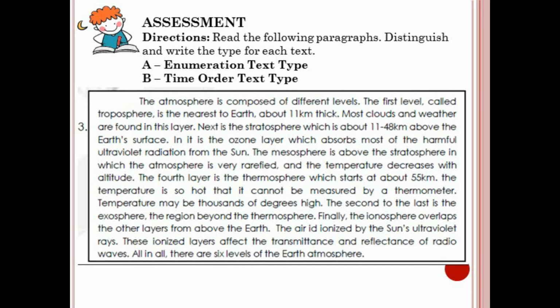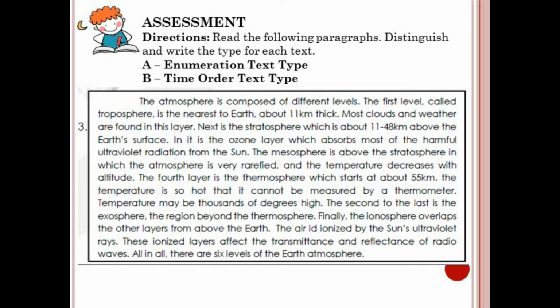The temperature is so hot that it cannot be measured by a thermometer. Temperature may be thousands of degrees high. The second to the last is the exosphere, the region beyond the thermosphere. Finally, the ionosphere overlaps the other layers from above the Earth.